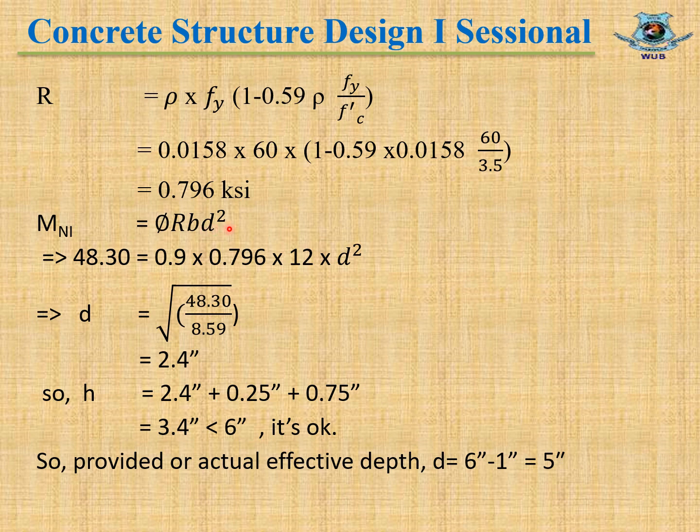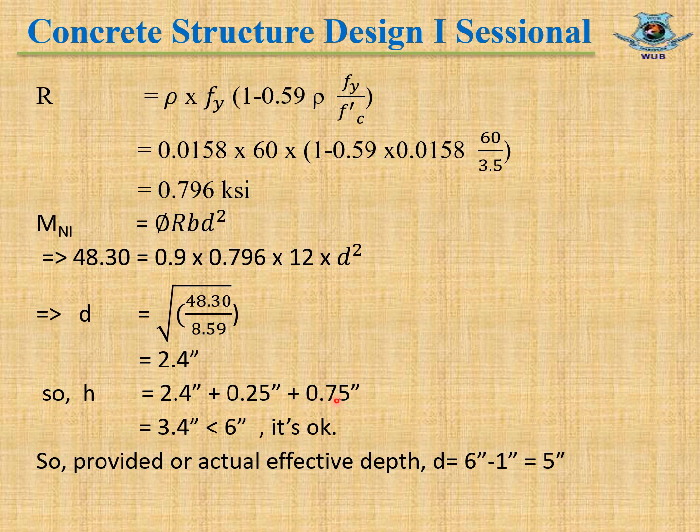MNI equal to phi R b d square. For depth check, it is necessary to check it from maximum moment, and for this MNI has been taken. Finally, d equal to 2.4 inch. h equal to 2.4 inch plus 0.25 inch plus 0.75 inch. Here 2.4 inch equal to effective depth. 0.25 inch equal to number 4 bar diameter divided by 2.